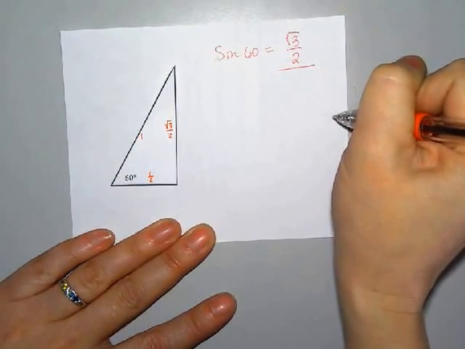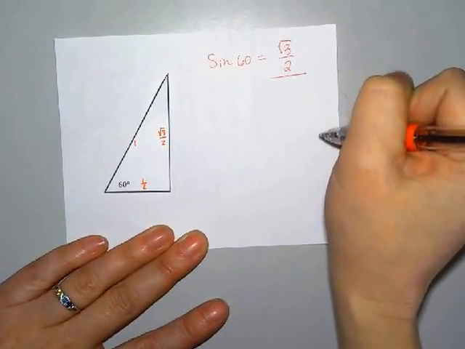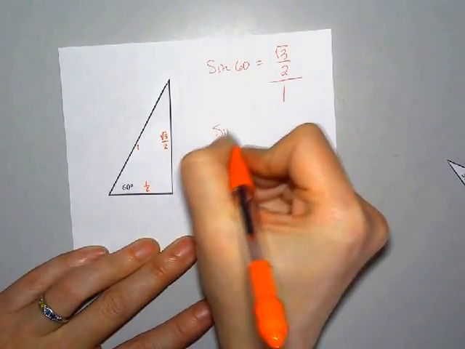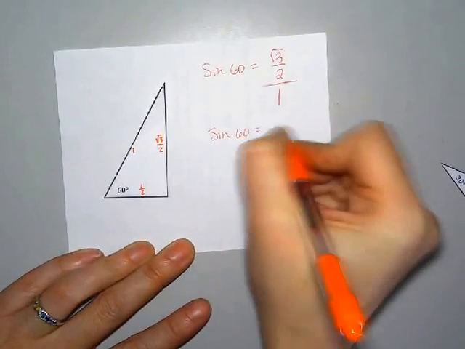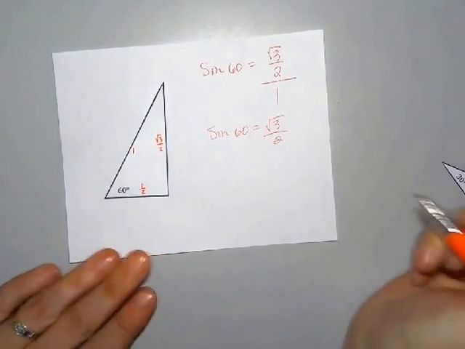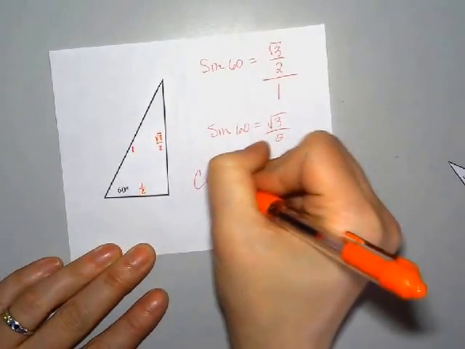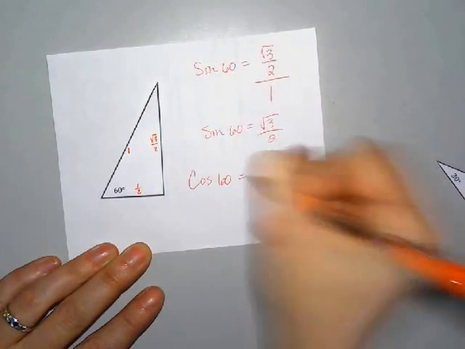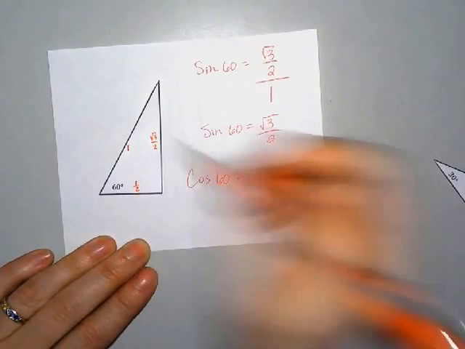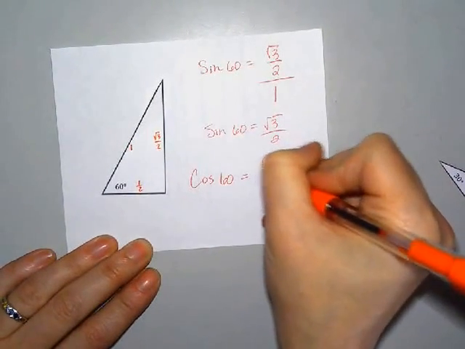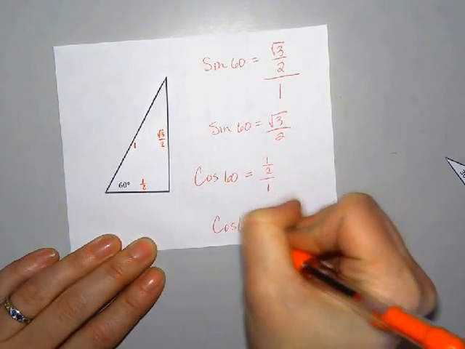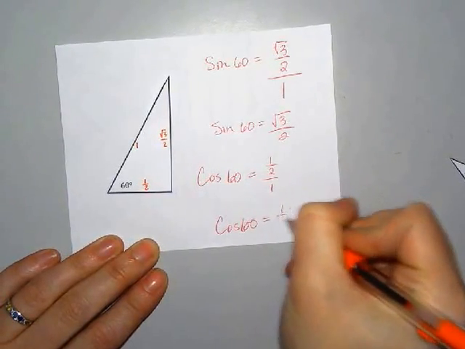So, if I look at how that relates to, this is my 60-degree one, how do those values relate to what's happening over here? X is your, which one? Cosine. And Y is your sine value.